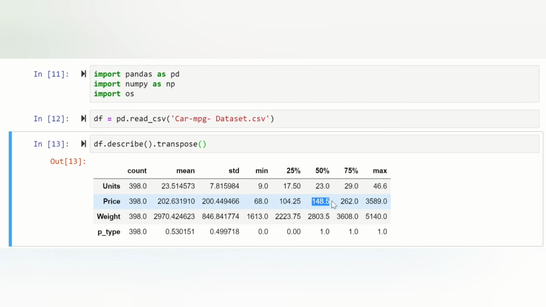The median for this price attribute is 148.5, the minimum here is 68, Q1 would be 104.25, Q3 would be 262, and the maximum would be this. So these are the numbers through which we can construct our box plot very easily.